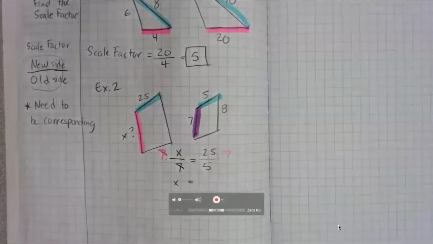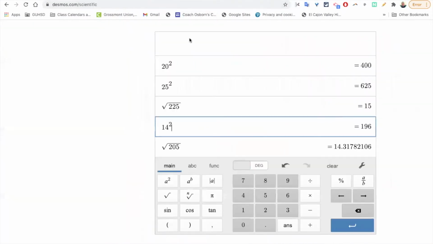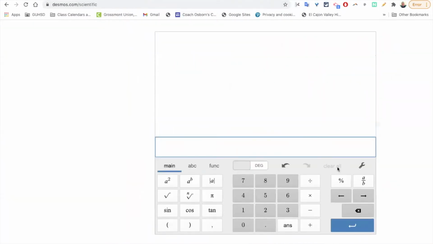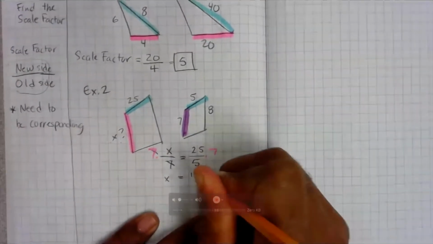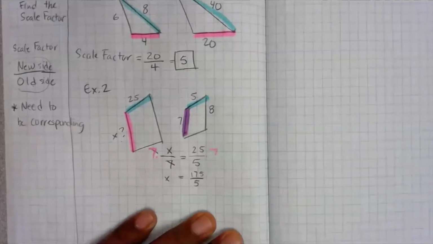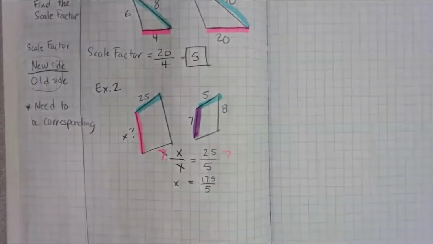So I'm basically going to do 25 times 7. 25 times 7 is 175. The number on the bottom doesn't change. And now I divide those two: 175 divided by 5.